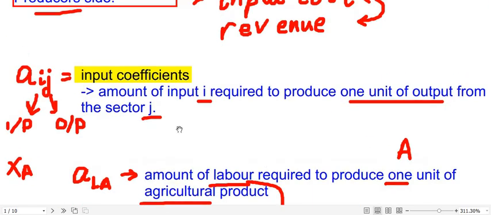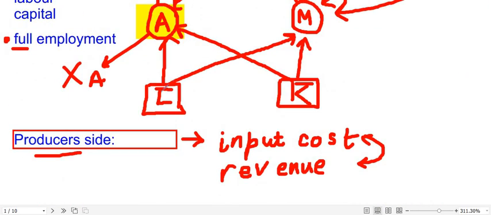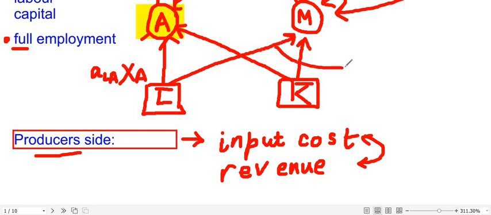So this part of the labor that goes into the agricultural sector is actually ALA XA. This amount of labor goes into the agricultural sector, and the remaining part of course goes into the manufacturing sector, which obviously should be L bar minus ALA XA. But we will also give another expression for this term that will make solving the equations easier.